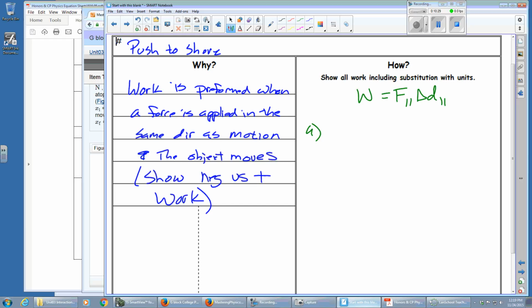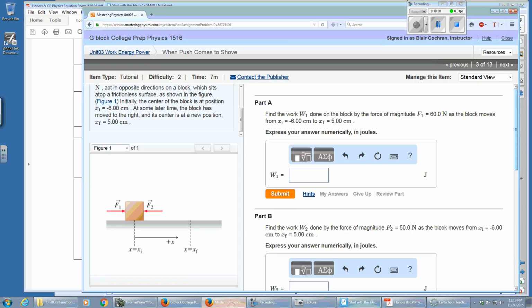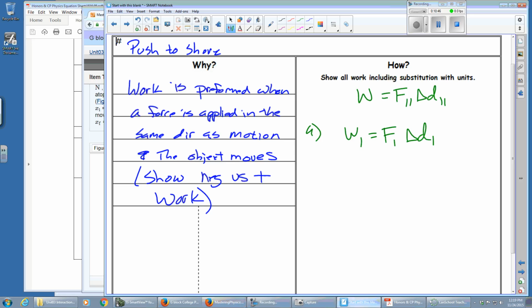So this is part A, and work one would equal force one times delta D one. In this case, mine moves from -6 to 5. Remember, delta D I could write as D final minus D initial, anytime I have a delta.